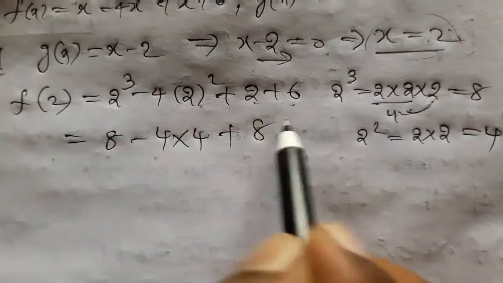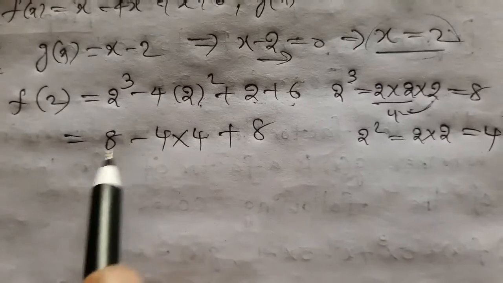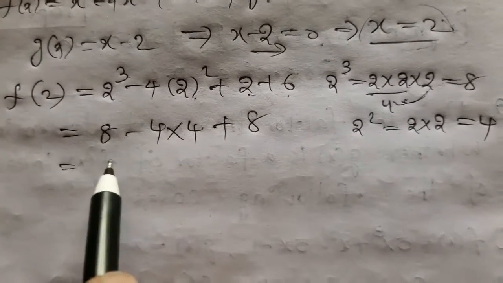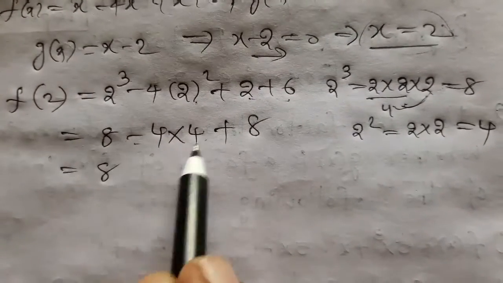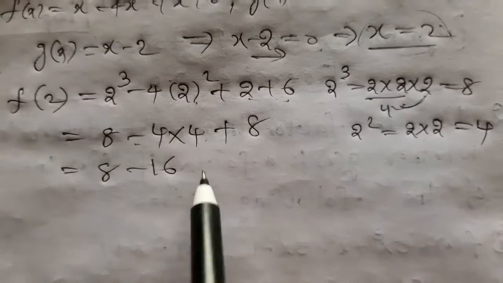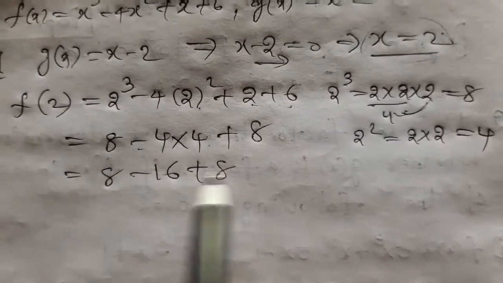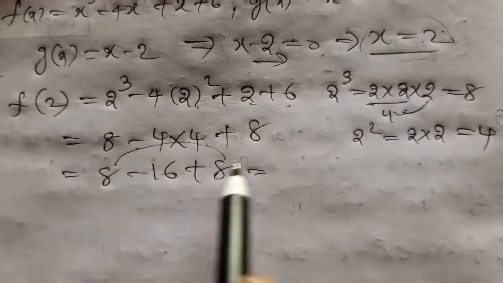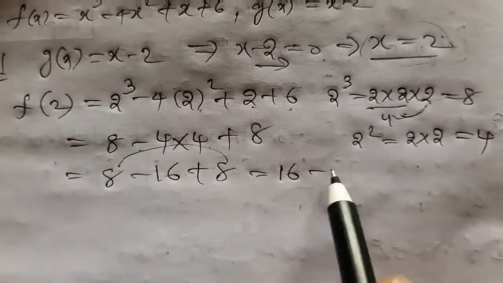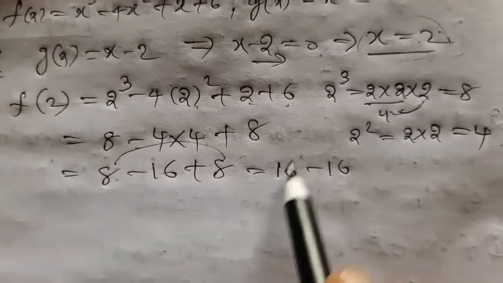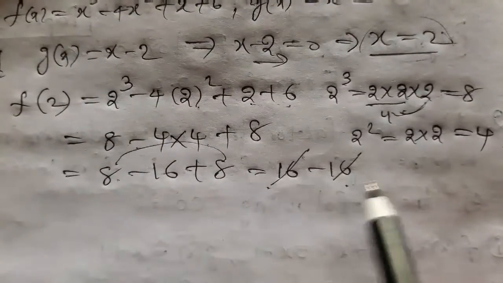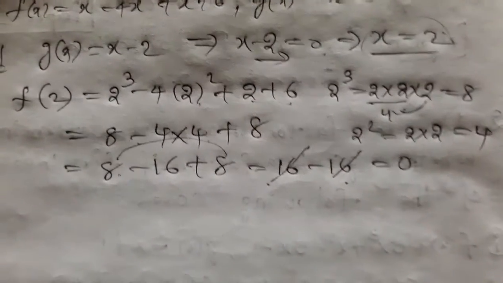Next 2 plus 6 becomes 8. Now 4 4s are 16, so 8 minus 16 plus 8. Add these two, that becomes plus 16 minus 16. These two cancel, that equals 0.